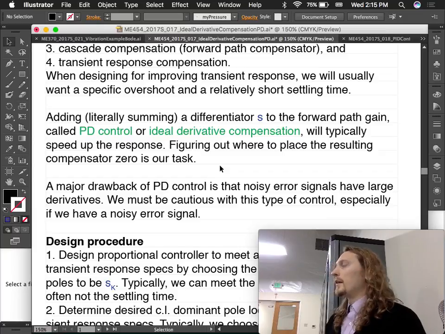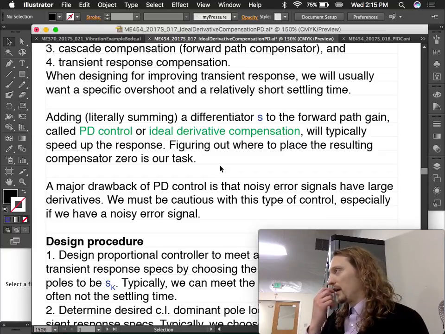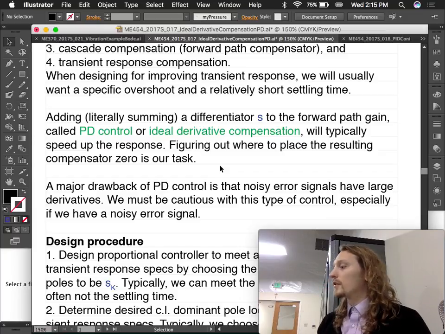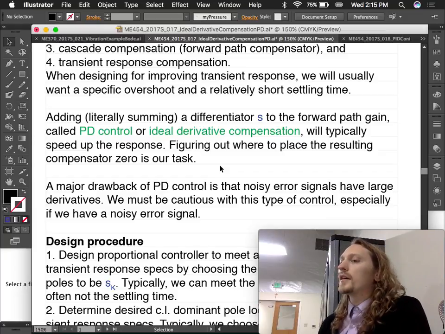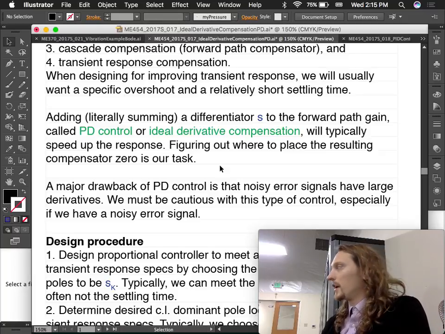And I think I may have forgotten to mention this, when we have the integral, the 1 over s, the integrator, I think I mentioned it in passing, but I probably didn't stress it enough. We're actually integrating that error function. So we're adding a term that integrates with the PI control. We're adding a term that differentiates with the PD control.